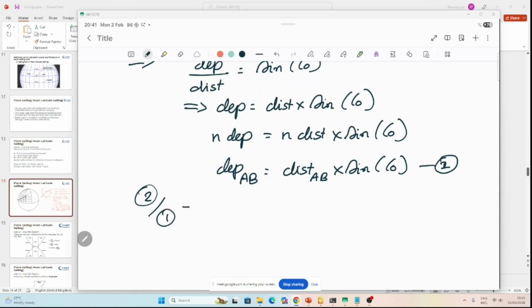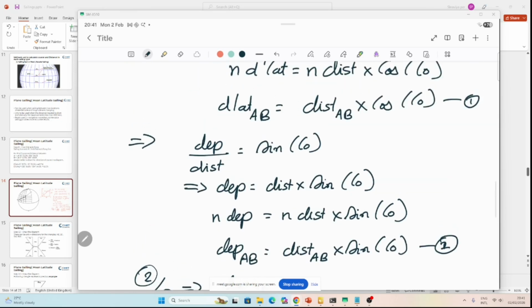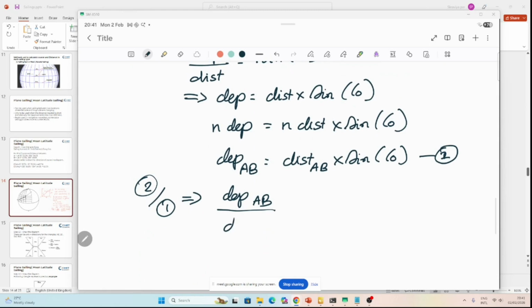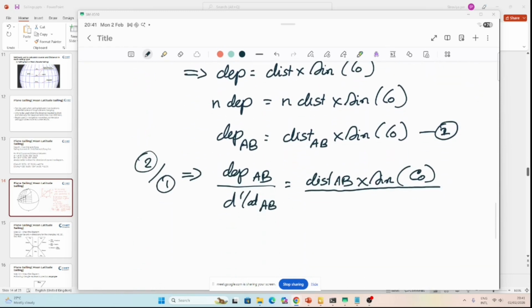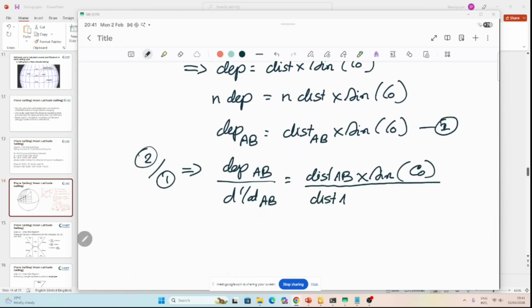Then I am going to divide the second formula by the first one. What I will get is departure AB divided by dlat AB is equal to distance AB into sine, divided by distance AB into cos. Now you can see distance AB will cancel out.